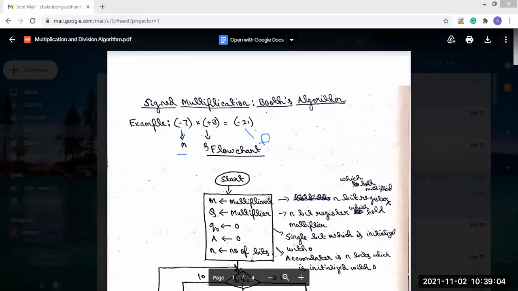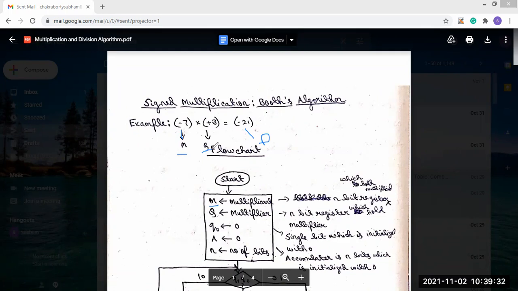This M is the n bit register which holds the multiplicand.